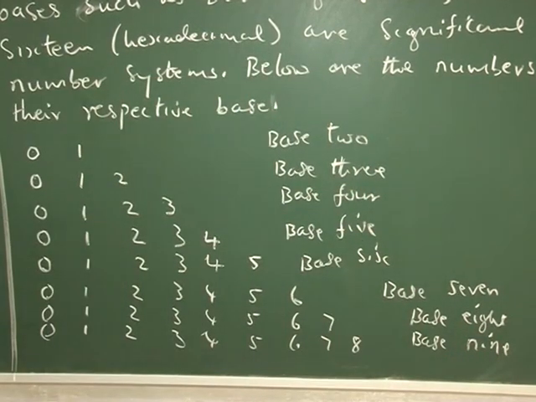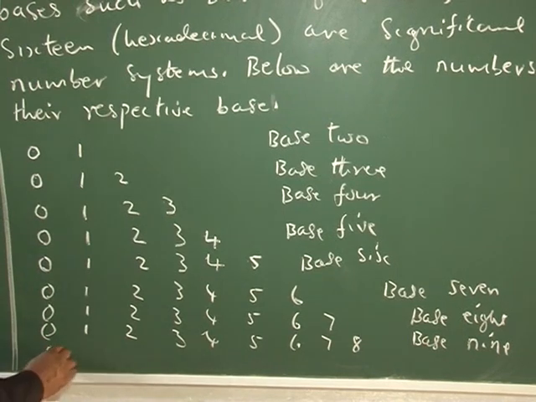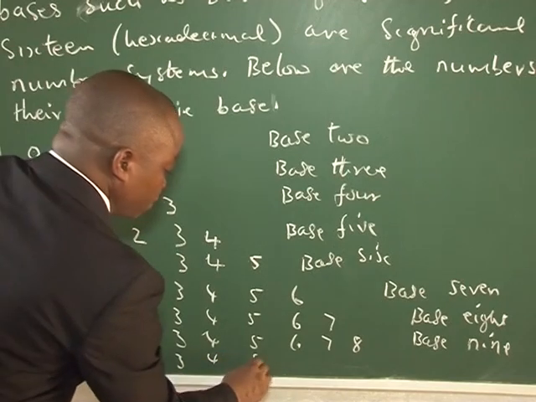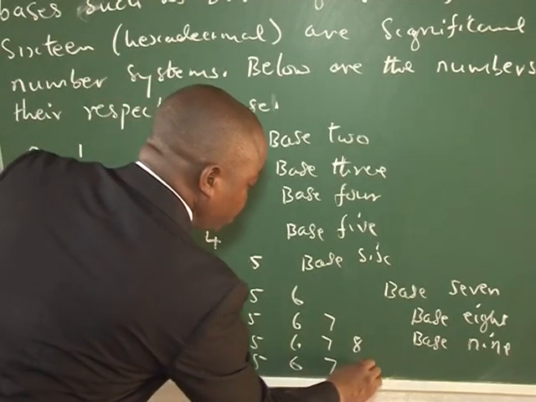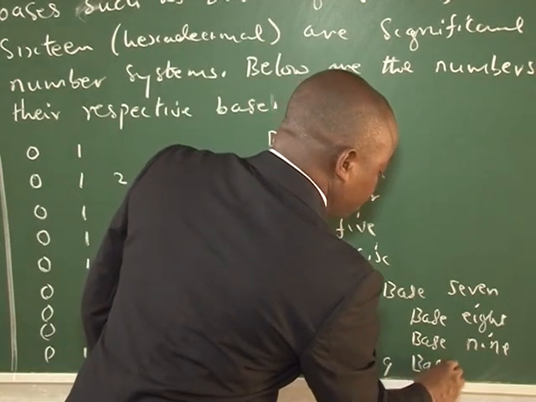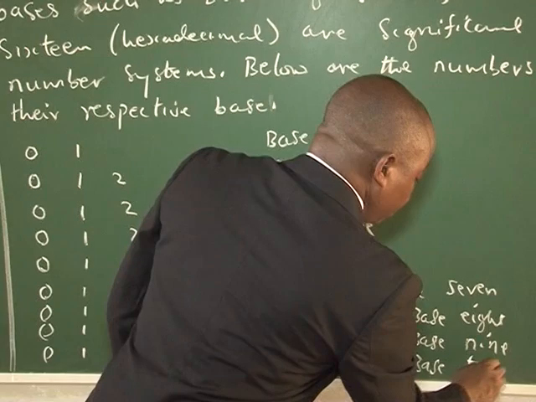Then we have numbers in base 10, which is 0, 1, 2, 3, 4, 5, 6, 7, 8, and 9.